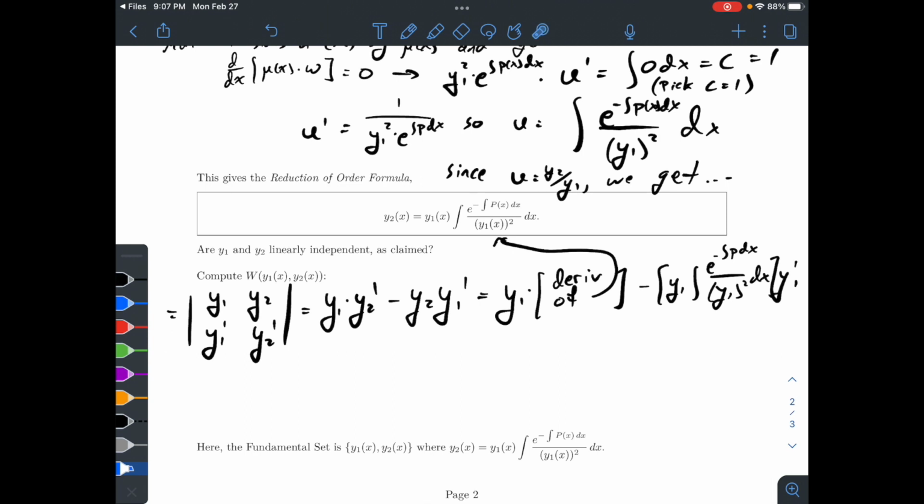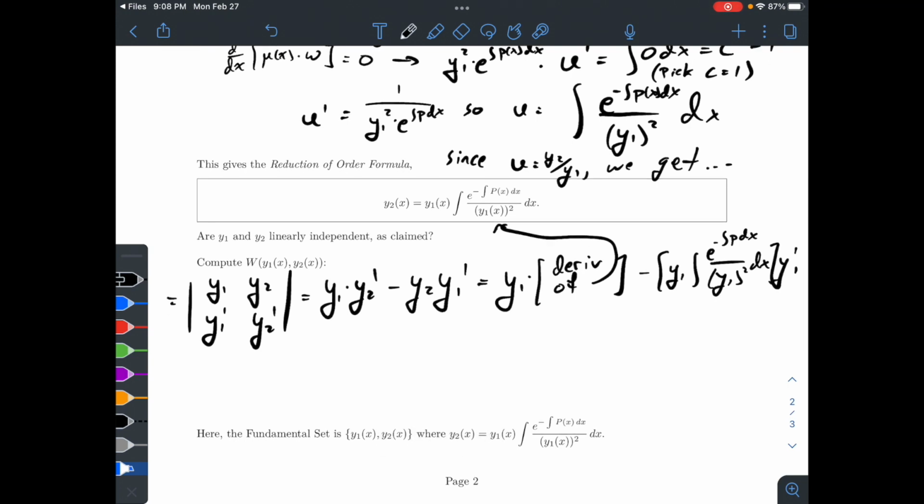Okay, so I'm not going to work through all of this because computing the derivative of this just ends up getting pretty messy. I'm happy enough just doing this to remind you what the determinant of a 2x2 matrix is, and then push you towards the last step.